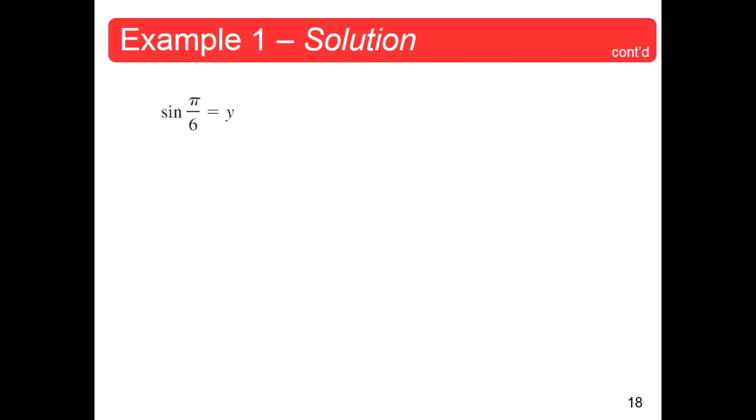Okay? Sine of pi 6 is your y value, which was 1/2. The cosine was the x value, which was √3/2. The tangent is the y/x, which is just sine divided by cosine.